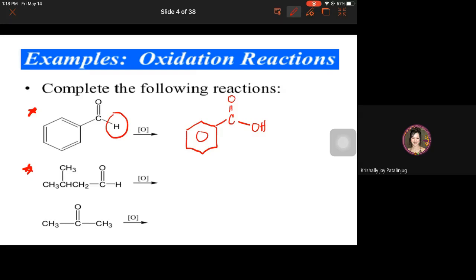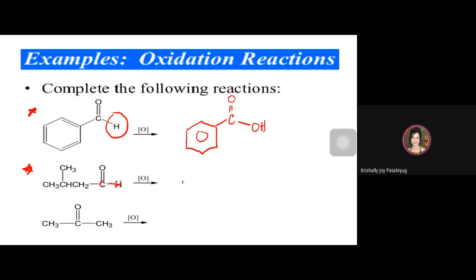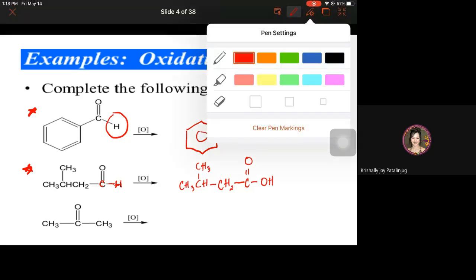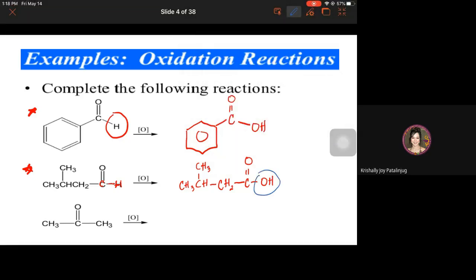You have a carbonyl group with a terminal hydrogen. So again, the product is carboxylic acid. Copy everything, CH3, CH2, and the only change happens at the aldehyde group, then OH, to form the carboxylic acid.